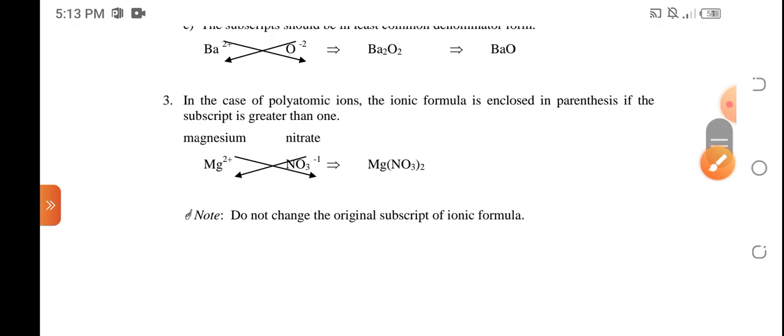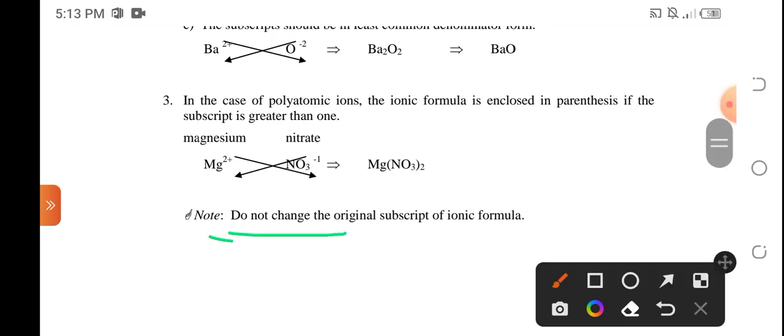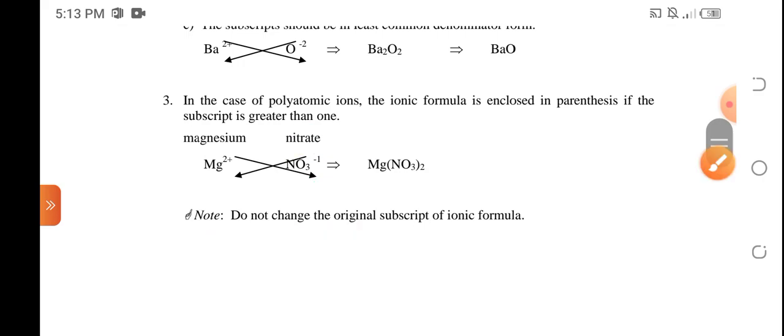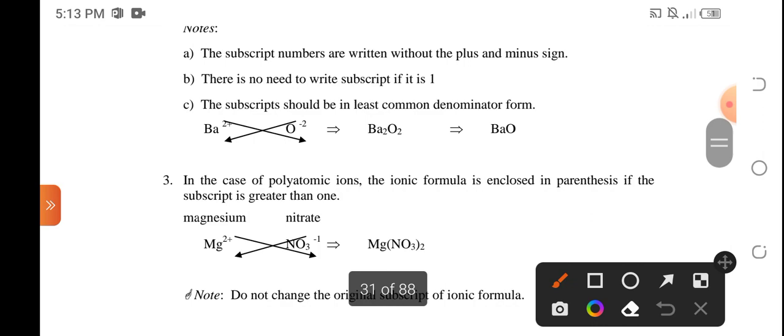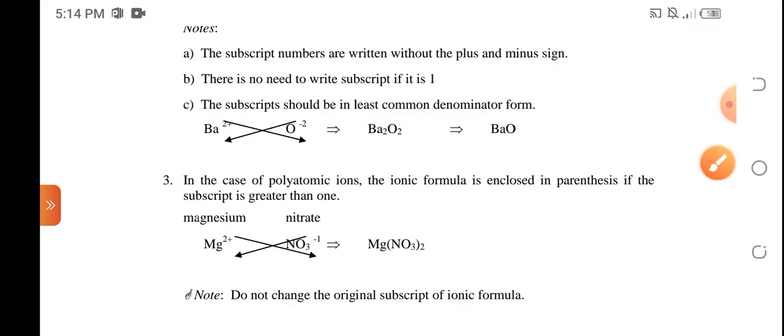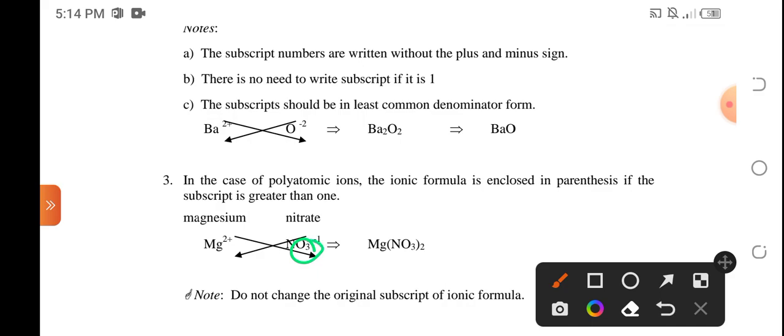So, another rule, do not change the original subscript. As you could see, the polyatomic ion nitrate has an original subscript of 3. Okay? Ang nire-reduce lang natin, kanina meron tayong rule dito na nire-reduce by finding the least common denominator. Okay? So, for original subscript, hindi natin dapat inire-reduce ito.